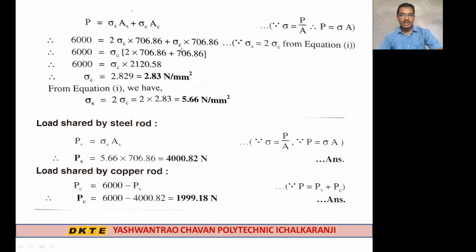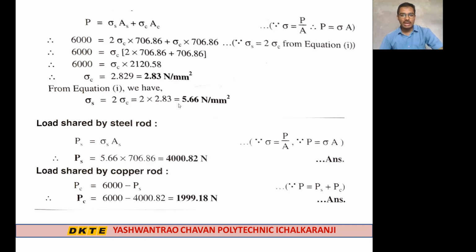Again take sigma C common and solve it. We will get the stress in copper, that is 2.83 Newton per millimeter square, and the stress in steel will be doubled. Stress in steel is equal to 2 times sigma C, that is 5.66 Newton per millimeter square.